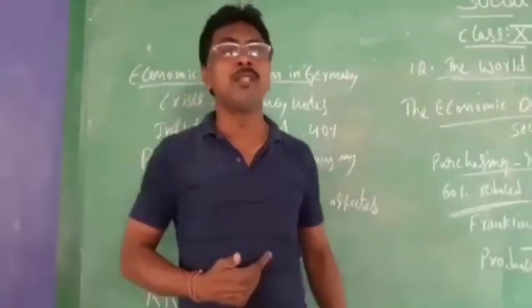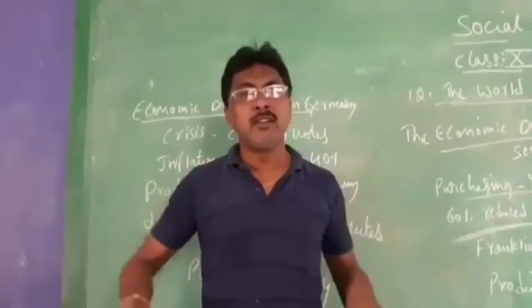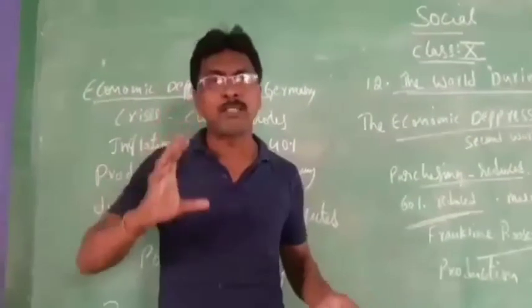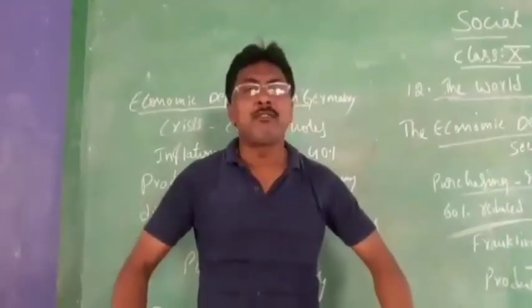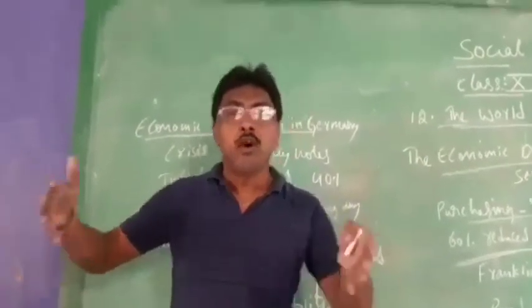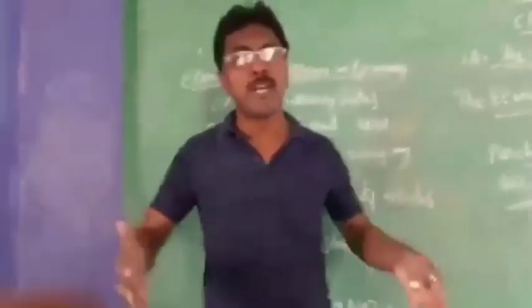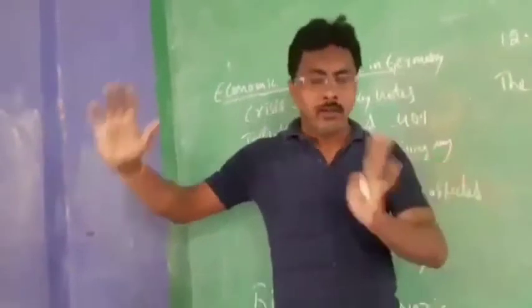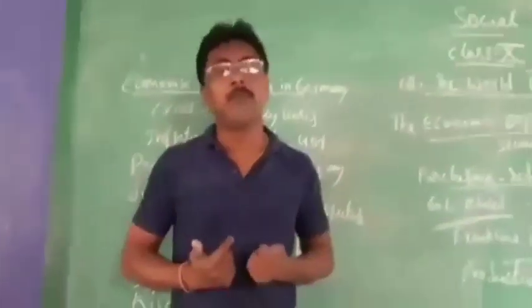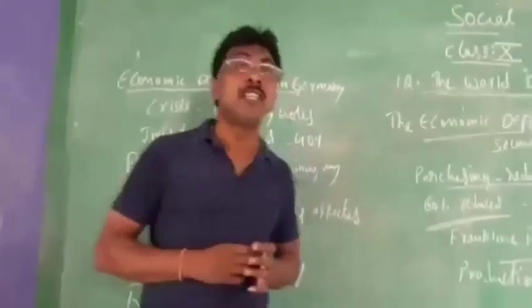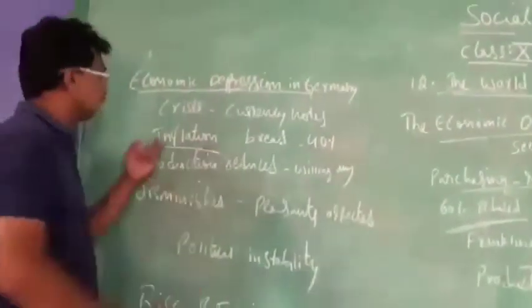But what happened at that time? I'm taking only bread as an example. If you want to purchase bread, you need this much bundle of money, or a bullock cart of that money, to get a loaf of bread. That is what happened: inflation. What is inflation?